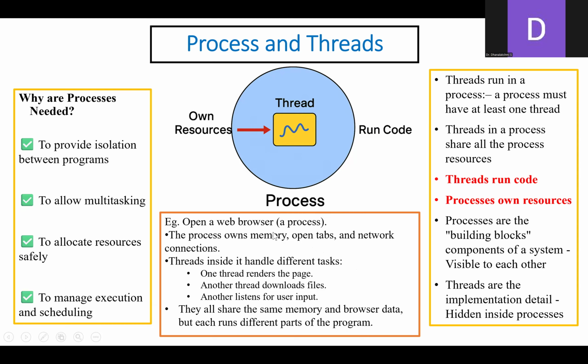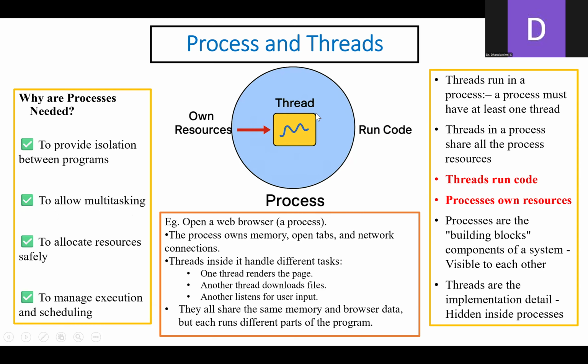And why do you need a process? Because you need to provide isolation between the programs. You need multitasking, to allocate resources very safely, and to manage execution and scheduling. Similarly, threads, I told you, run in a process. The process must have at least one thread. You can have n number of threads, multi-thread, but a minimum of one thread is required for a process to run, for a process to live.